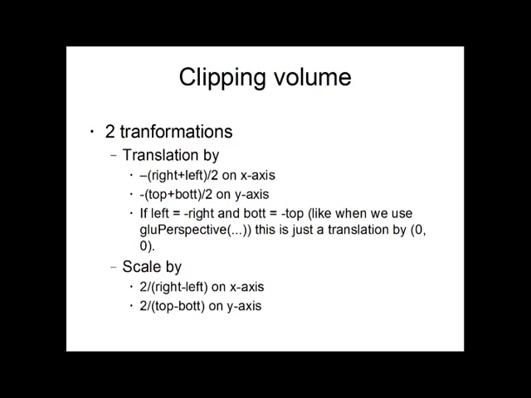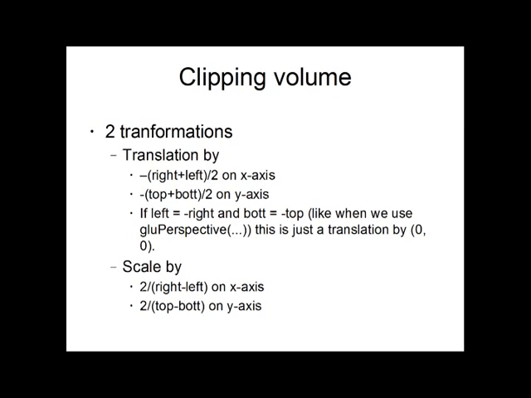Either way, in order to set up this clipping volume with the variables that glFrustum has, which is left, right, bottom, and top, near and far, what we want to do is translate by half the width, or -(right + left) divided by 2, in order to center it on the x-axis. We want to center it on the y-axis.